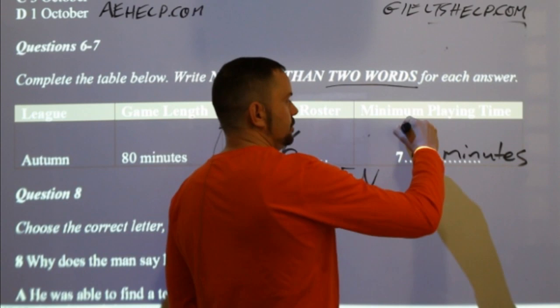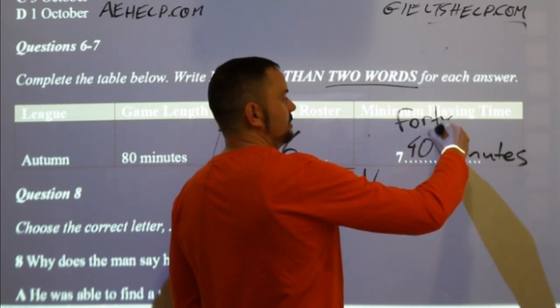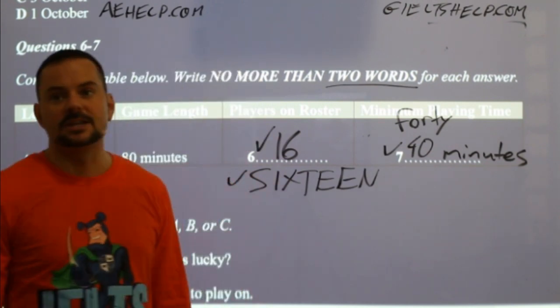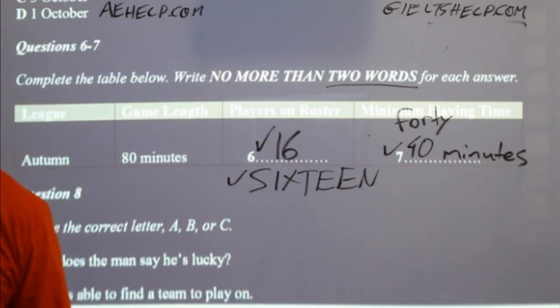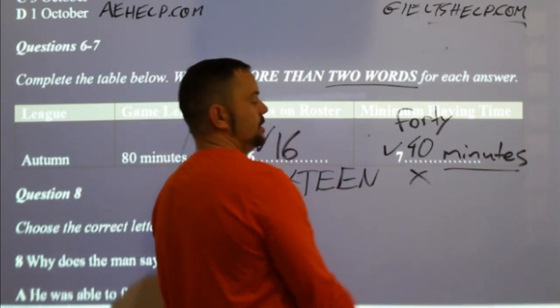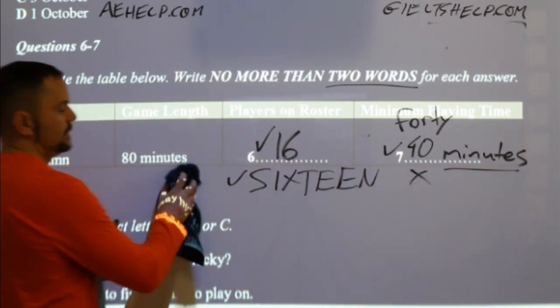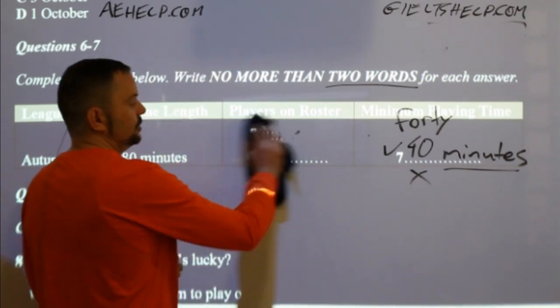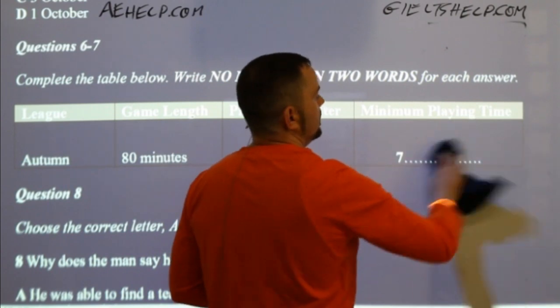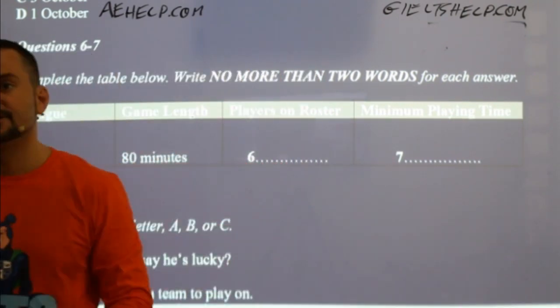This is probably the easiest with M-I-N-S. Be very, very careful not to miss the word minutes. If you don't have the word minutes in this case, it will be wrong. Pay attention to detail. Don't lose easy points. IELTS is specific.